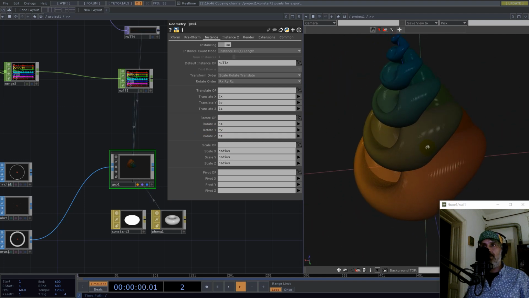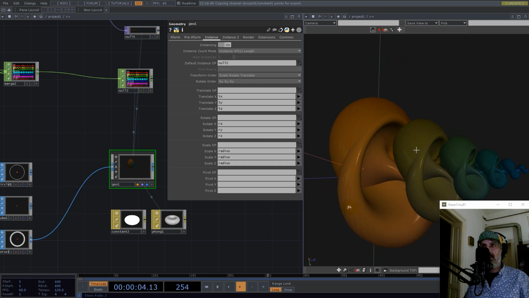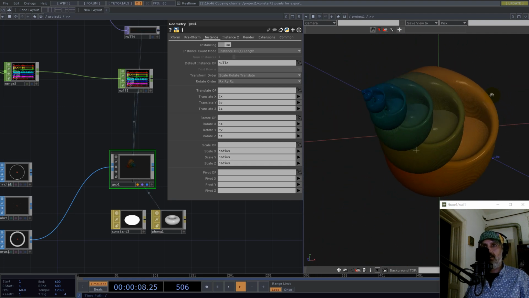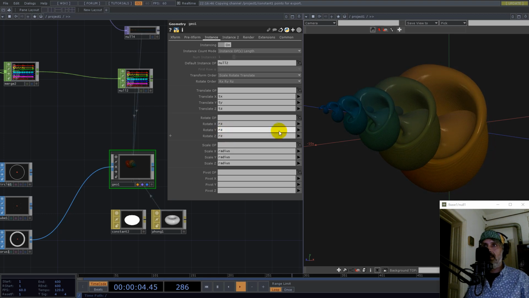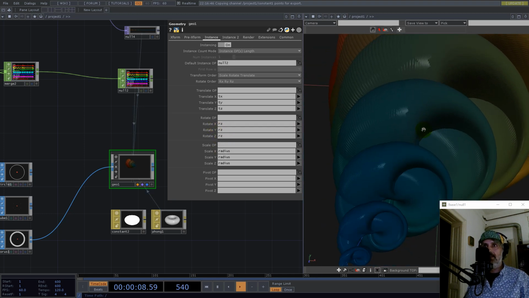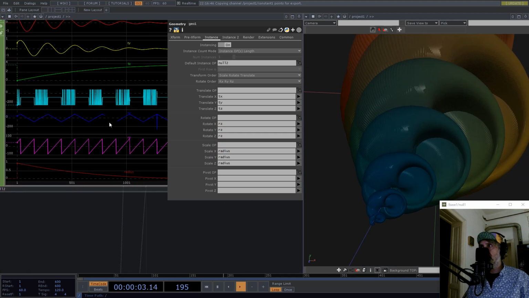So you notice the shell will change the shape in, I would say, a very intricate way. And if I take RZ for all of them, it's the same, very little change, since on Y we have a different type of rotation. You can see it here.